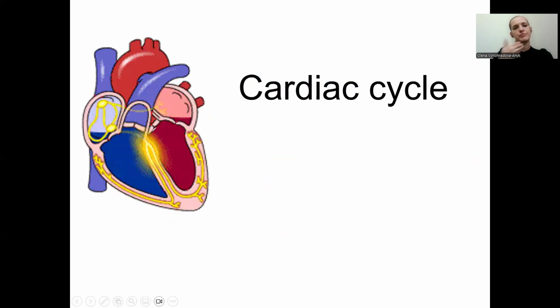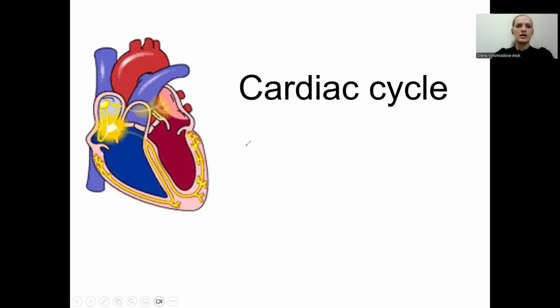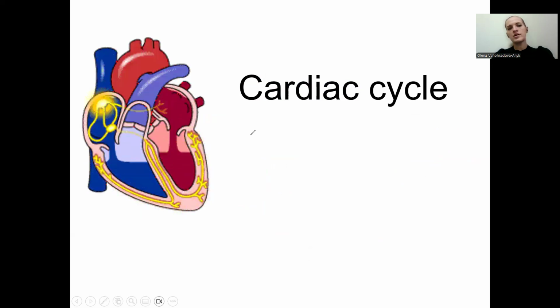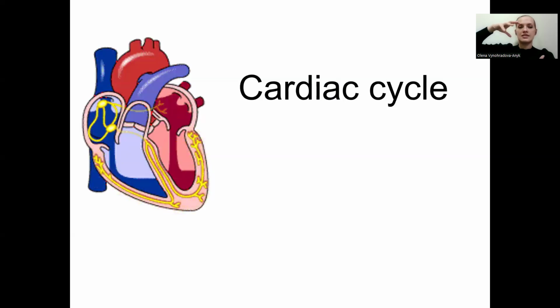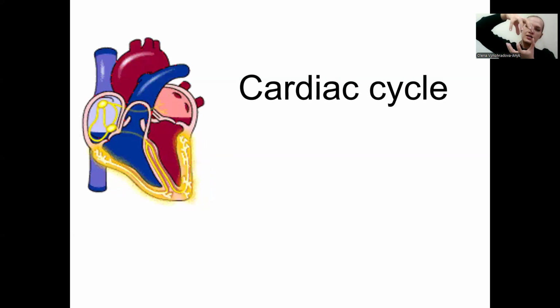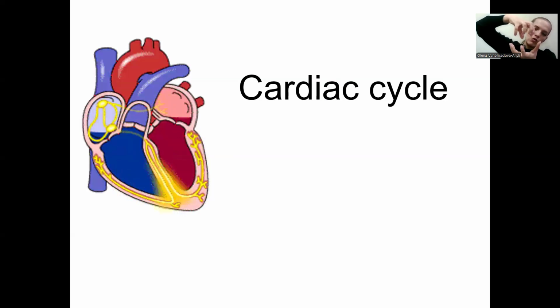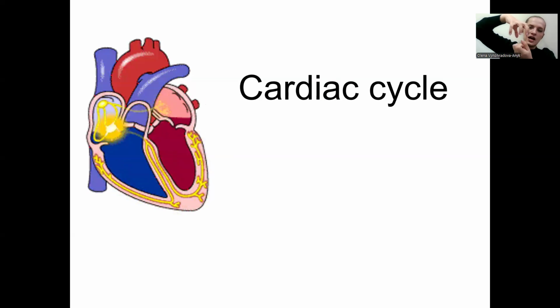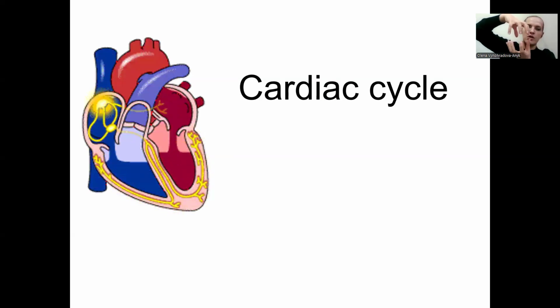Cardiac cycle. As I was talking in the last lesson, we have a cycle. If we imagine that this is our heart, first we have contraction of the atriums, after that the ventricles, after that general diastole, or general pause.